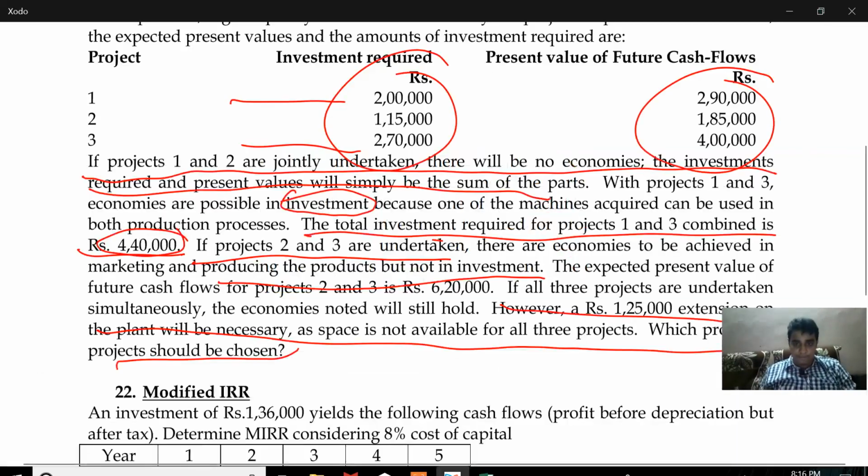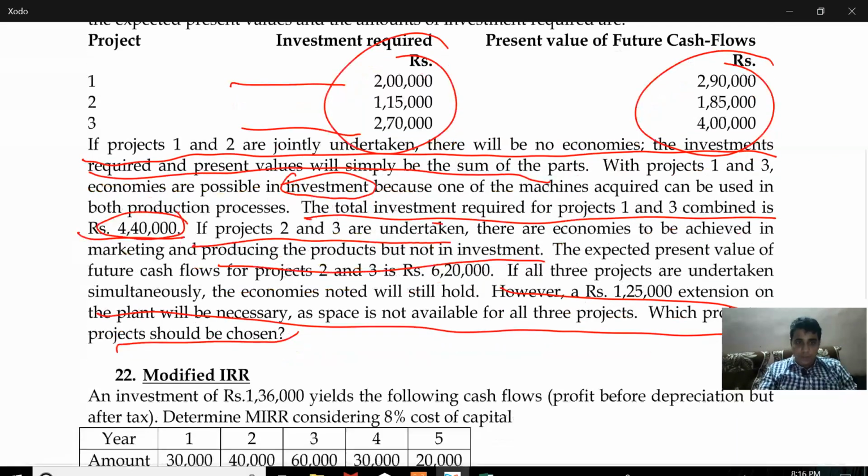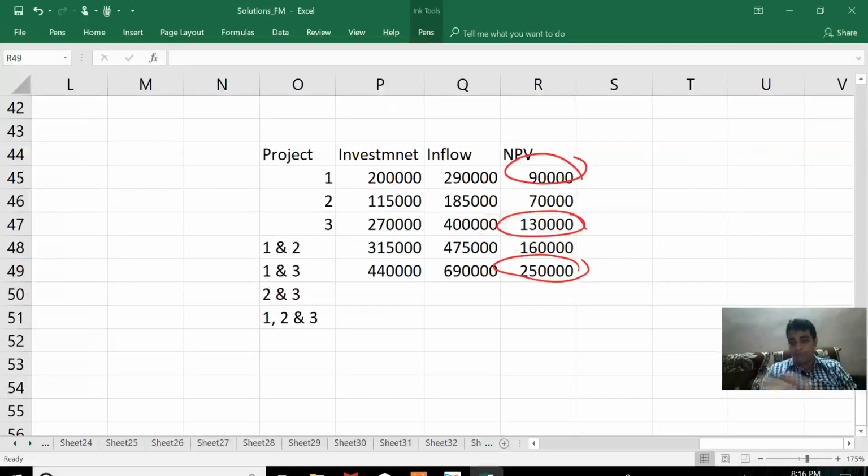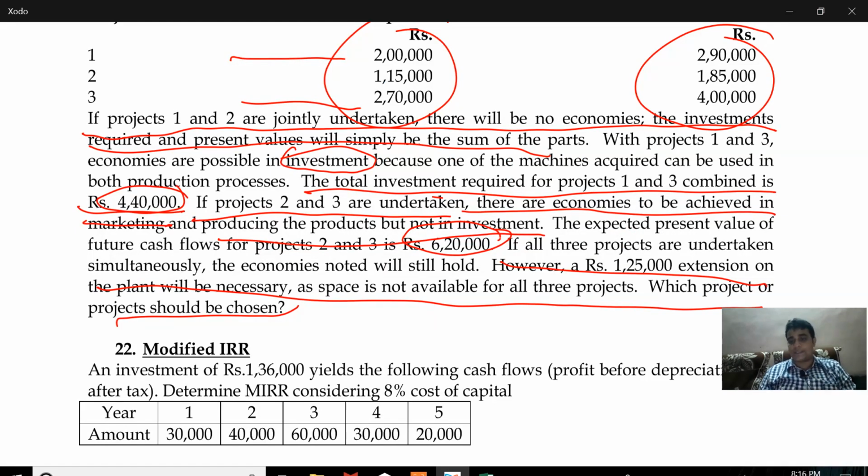Next, 2 and 3. When you do 2 and 3, there are economies in marketing. Because of that, the present value of future cash flows is 6,20,000. If I add these two, I'll get only 5,85,000. But the question says, if you do it together, because of certain benefits, you will get 6,20,000.